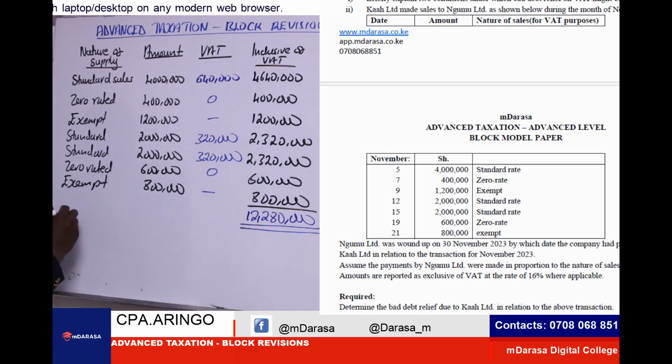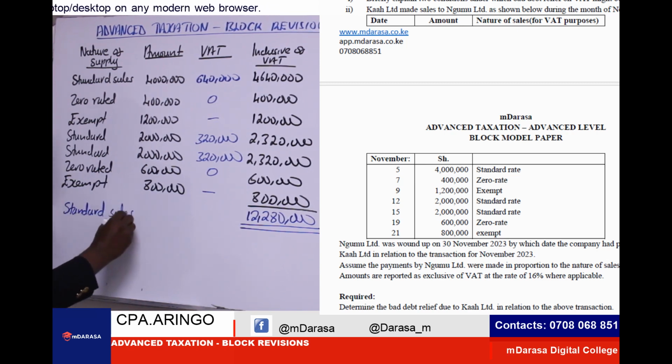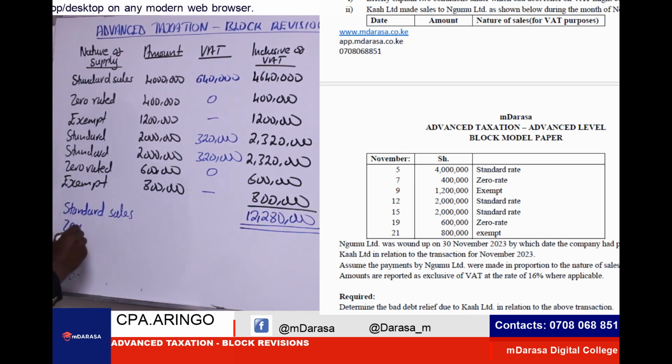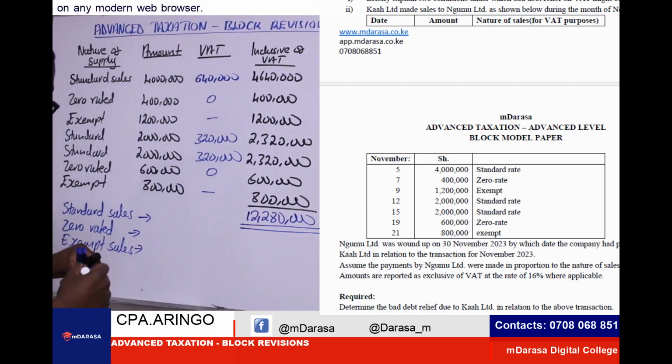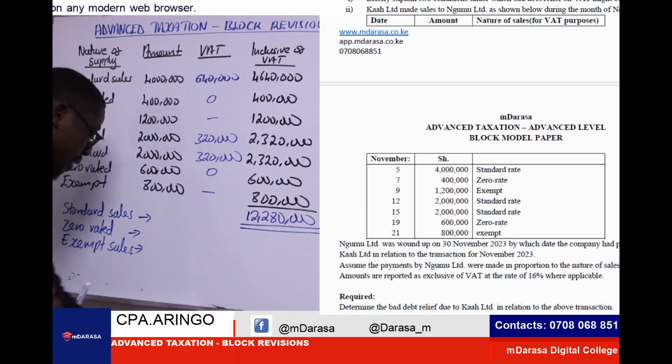So in this case, we do this summary. Let us determine the total standard sales, the zero rated sales, then the exempt sales. Of the total value, how much did you have as standard?